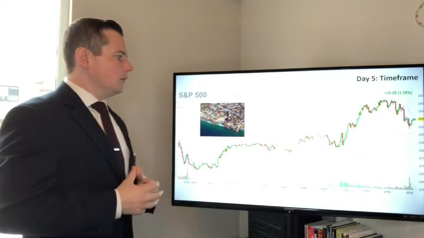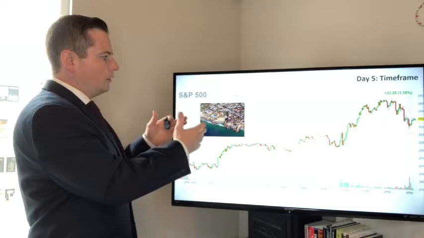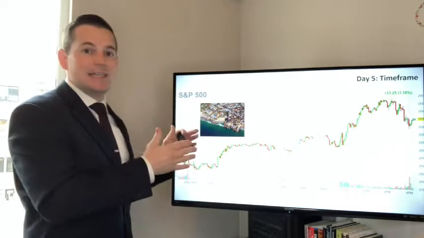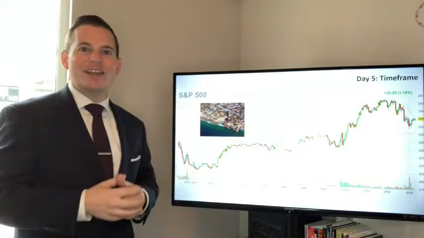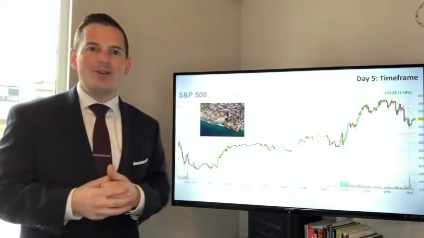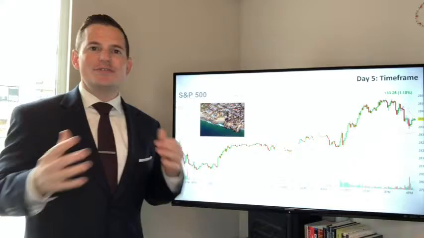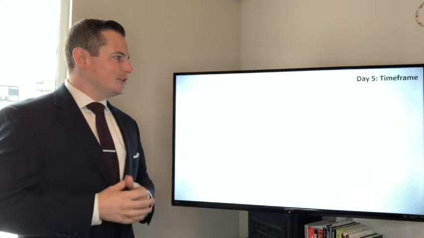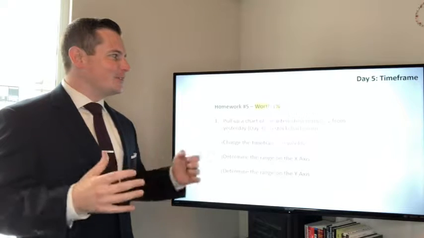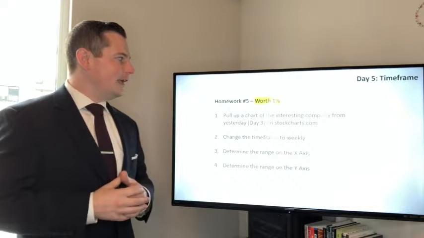That's relatable to zooming in to where you can see houses and beach houses and pools on the shore. If you're zoomed all the way out, you're not going to be able to make out these features. That's how I chose to relate it here.